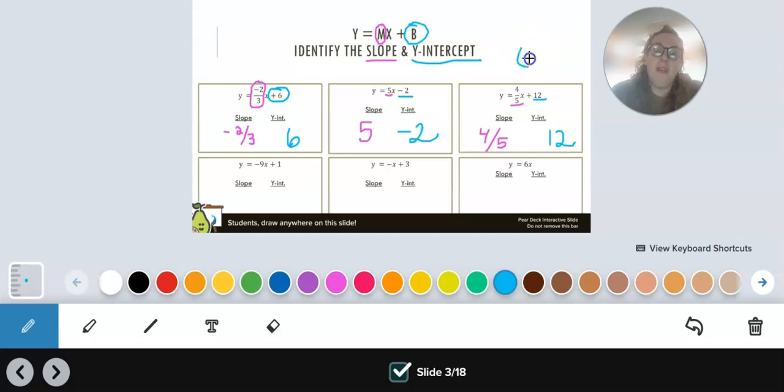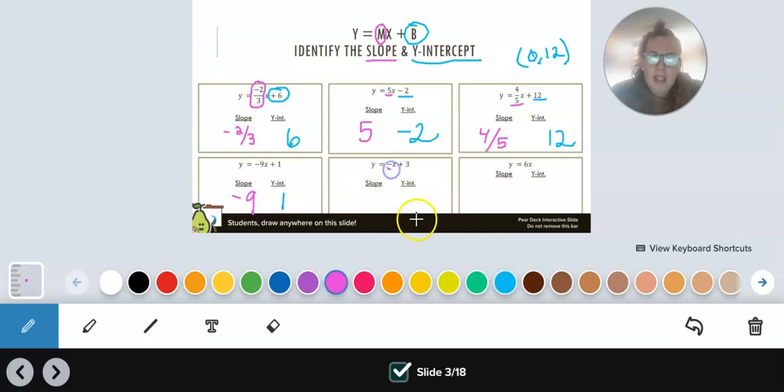Remember again, that's a point, right? 0, 12. It's where it's crossing the y-axis. Down below, our slope is a negative 9, so it's a negative slope, so it's going down and to the right. And our y-intercept is a positive 1 at 0, 1.